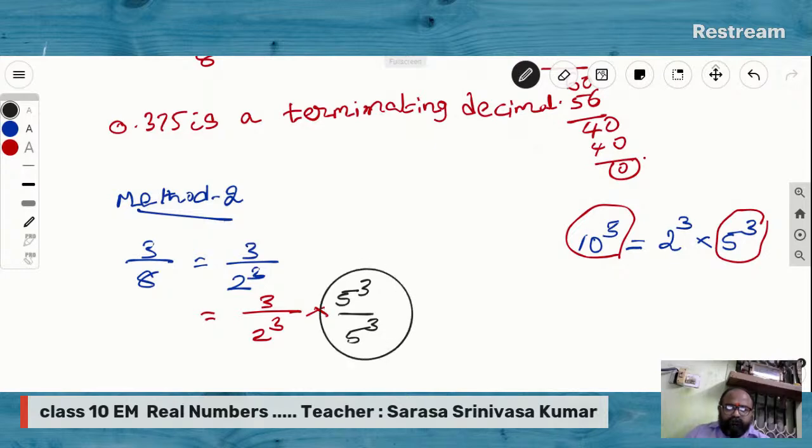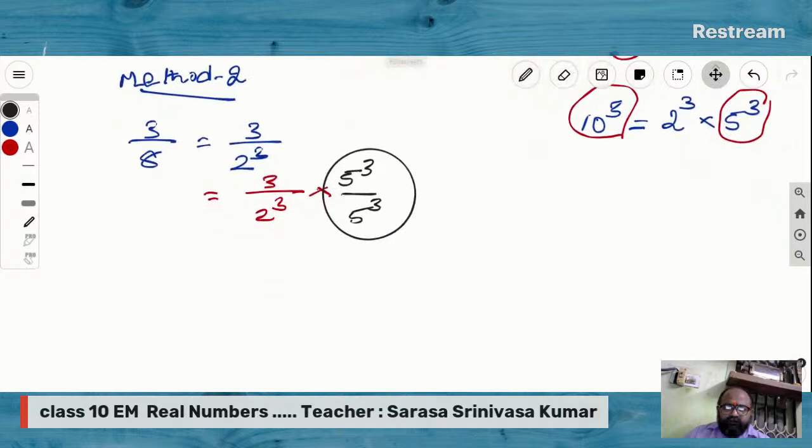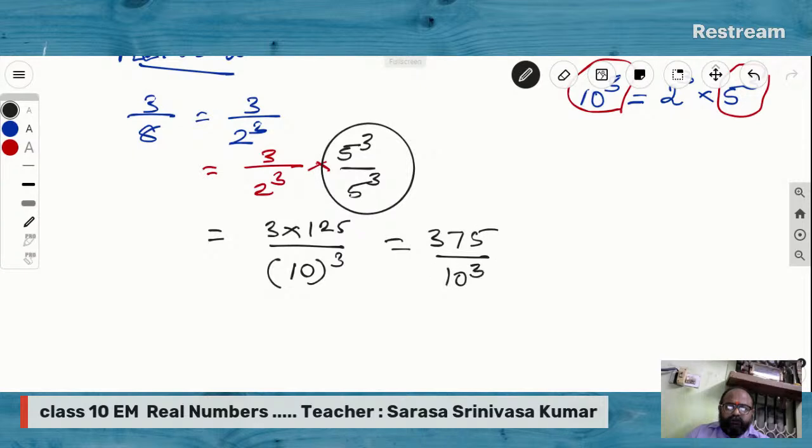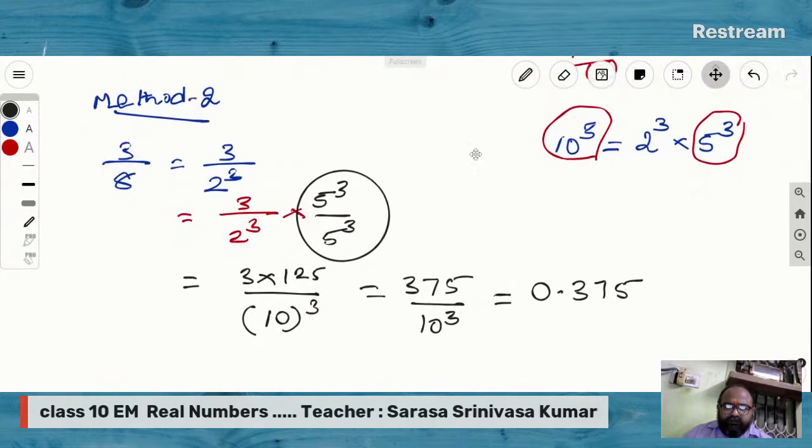By doing this, there will be no change in the value of the given number. This is equal to 3 multiplied by 125 divided by 10 power 3, equal to 375 divided by 10 power 3, equal to 0.375. So students can solve this problem in both ways, because it is not given by which method you have to find the answer.